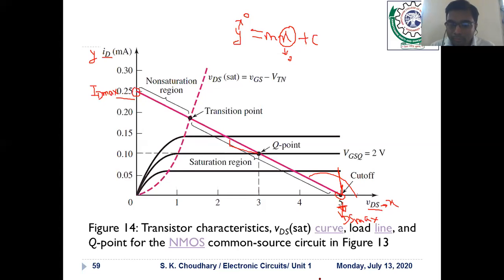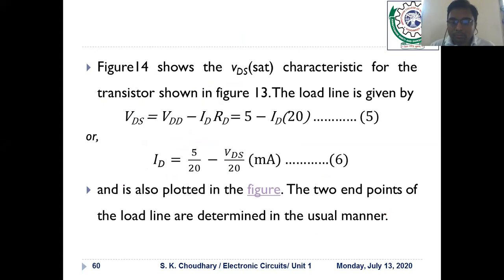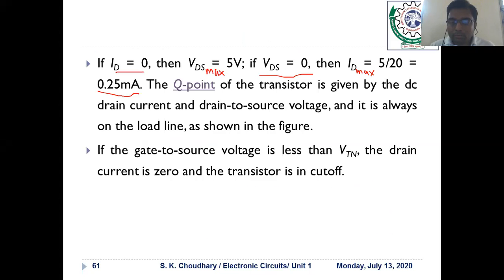Now we have to see the different regions through this particular diagram. The first thing is that we have to know the 3 regions of operation. What are these 3 regions of operation? Cutoff, non-saturation, and saturation. When your gate to source voltage is less than threshold voltage, it is working in the cutoff region.